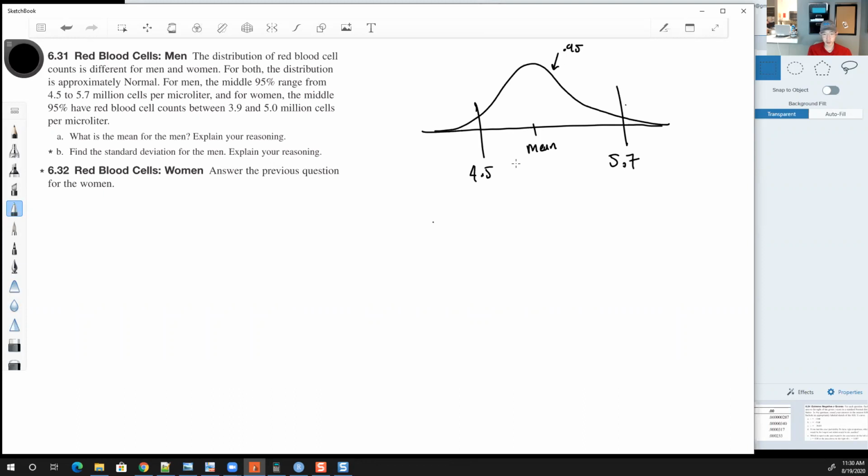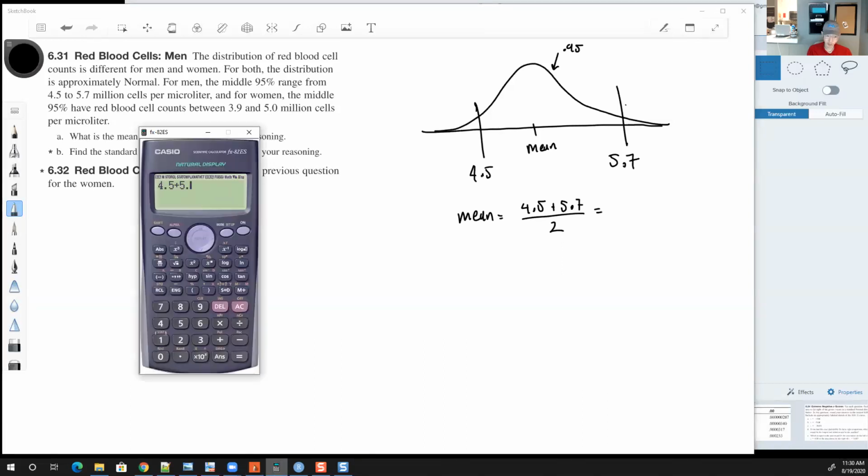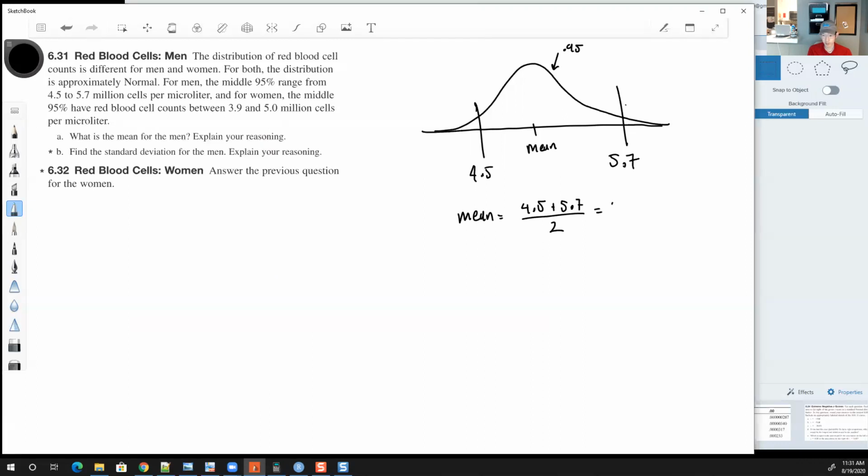So the mean is going to be exactly in the middle here. The mean is equal to 4.5 plus 5.7 divided by 2. We get 5.1. So the mean is equal to 5.1. All right, so far so good, I think.